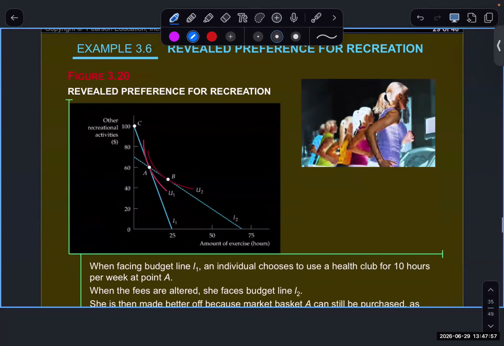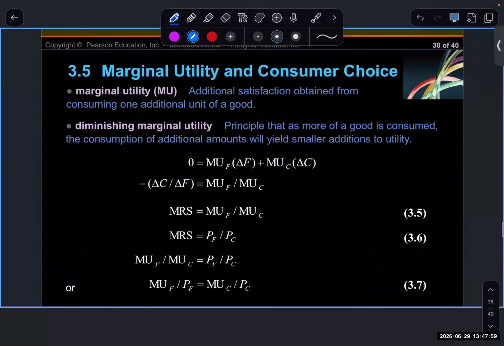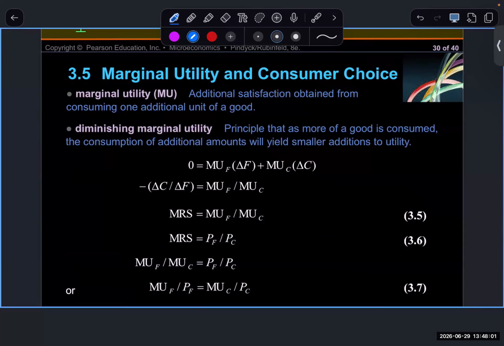And let's move on. 3.5, marginal utility and consumer choice. So what is marginal utility? It's the additional satisfaction you obtain from consuming one additional unit of a good, okay? Like when you eat a bowl of noodles, an extra bowl still makes you happier, but less and less so.